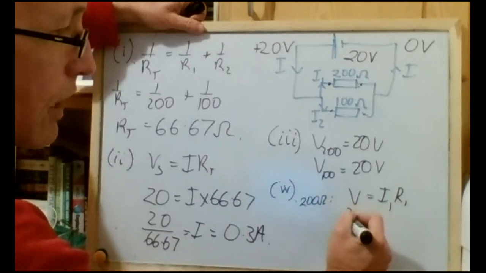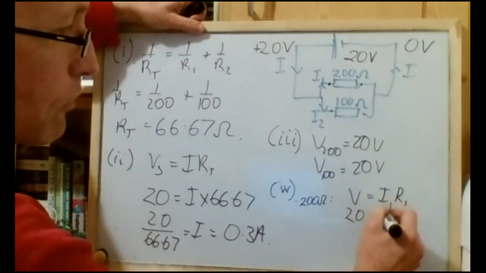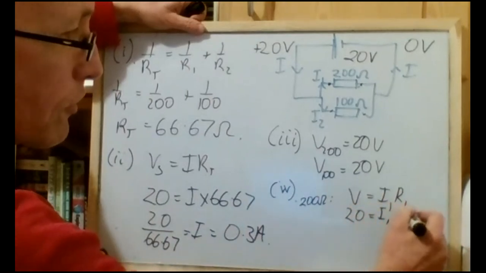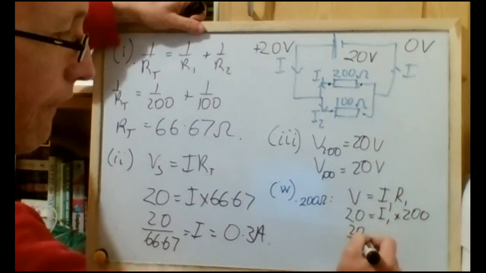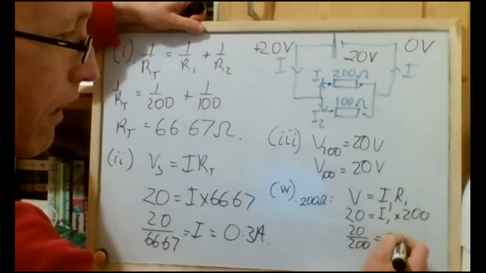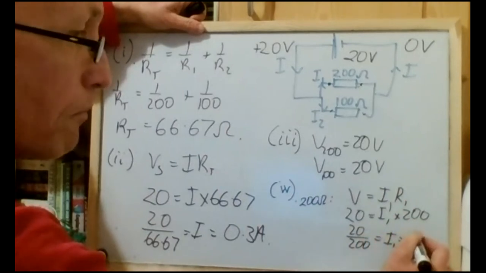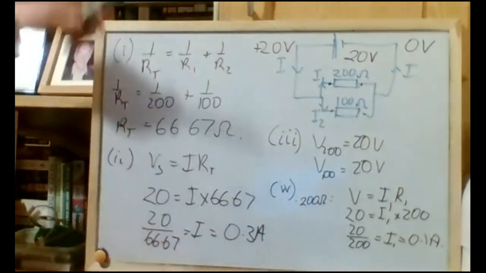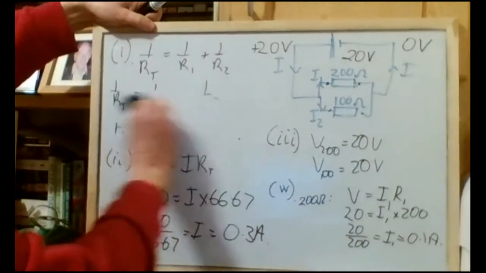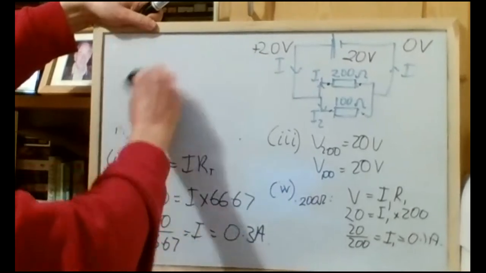So that is 20 equals I1 times 200. 20 over 200 equals I1, which equals 0.1 amp. Okay, so that's the current flowing through the top arm.